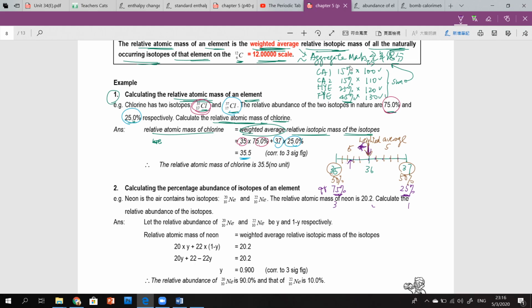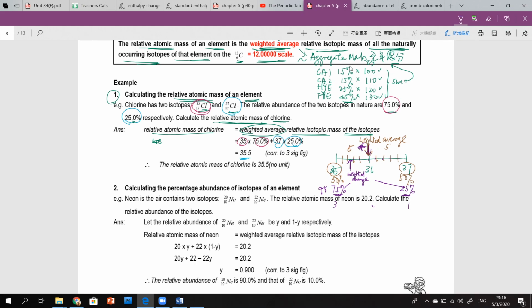So this is where the weighted average is when you compare with that 75% and 25%. What is that? Yes, that's right. It is 35.5. It's just the midpoint of 35 and 36.